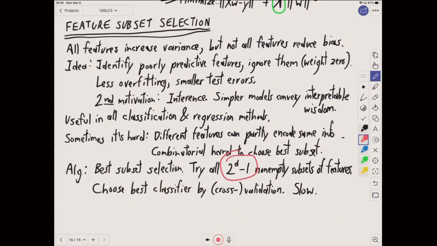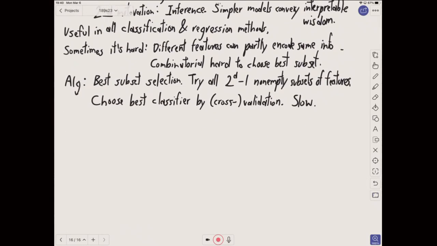You're not going to finish this in your lifetime, because it's exponential in the number of features. But again, the reason why I'm writing down this algorithm is just as something to compete with. We're going to design heuristics, and we hope those heuristics will at least very approximately give us something almost as good as this would give us.